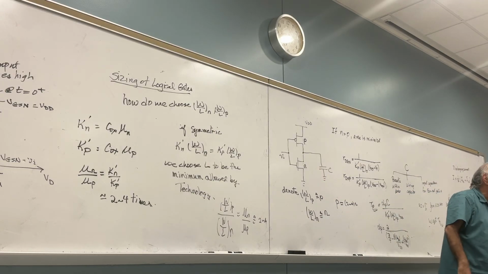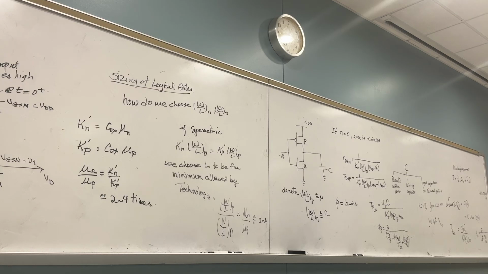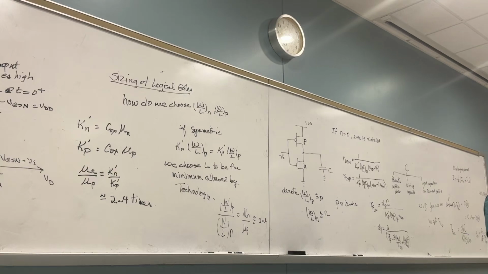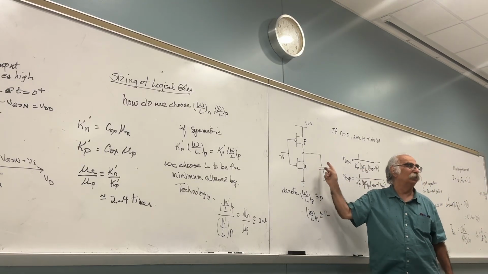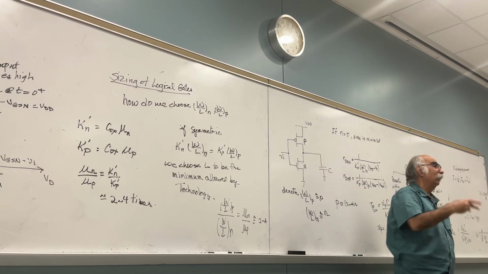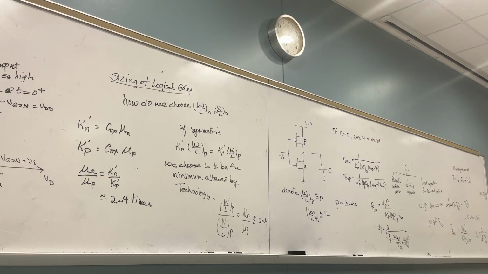It means I want to find the worst case scenario for the combination of the inputs that will result in the same discharge and charge current. If they are the same as the inverter, the propagation delay for any gate will be the same as the inverter. Did you get it or not?